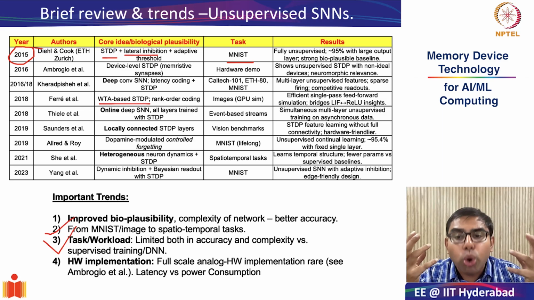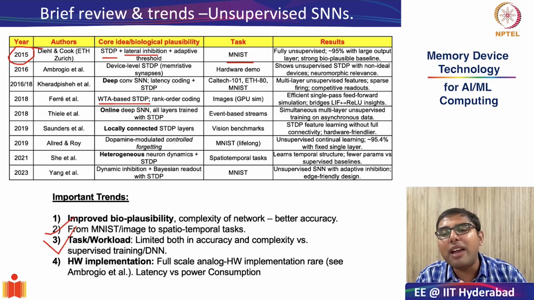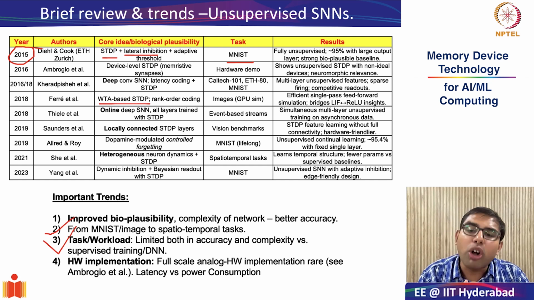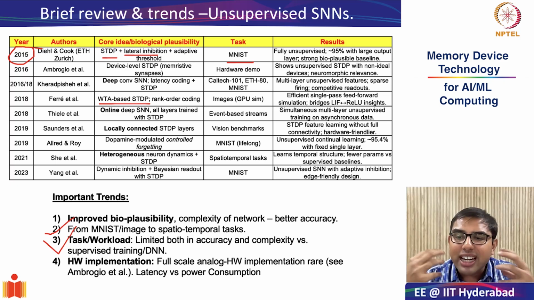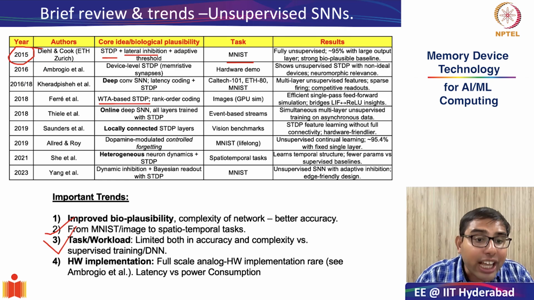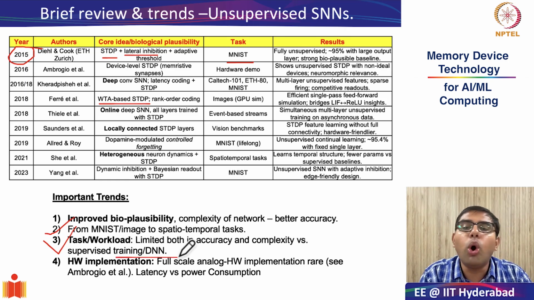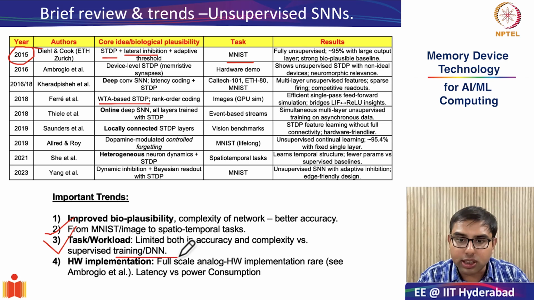And yet, though accuracy improves, depth and parameter count remain very, very limited, because learning is purely local and there is no global loss to shape these deep hierarchies. And that is why even the best entries in the results show that the accuracy of the spiking neural networks is way below your deep neural networks.